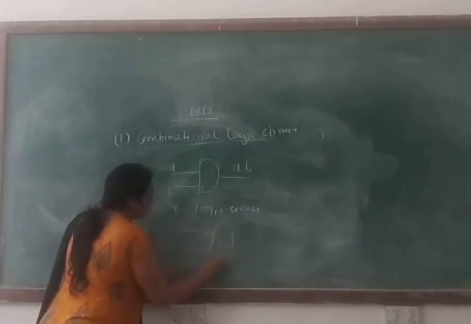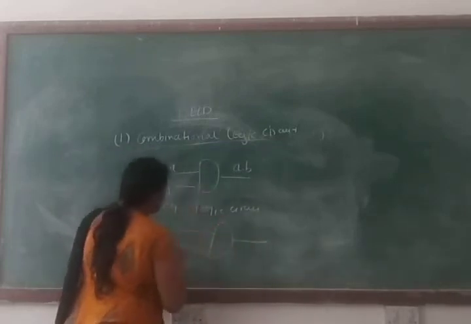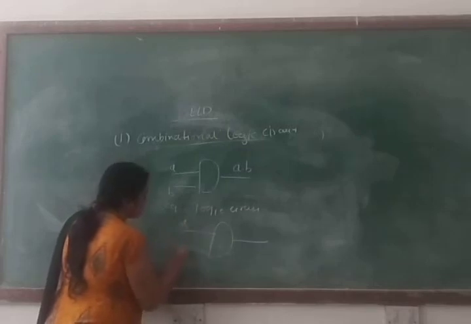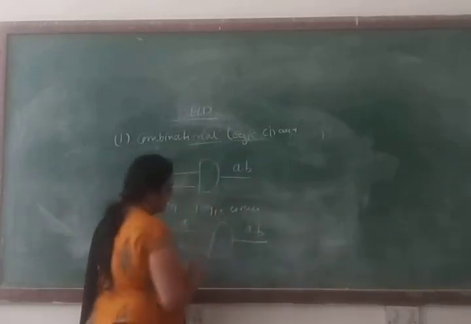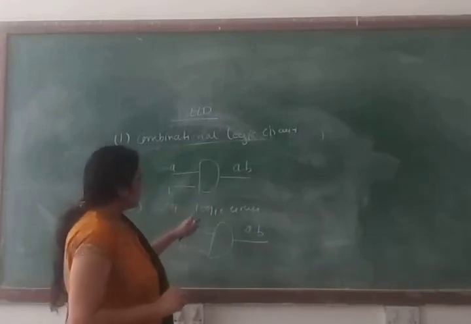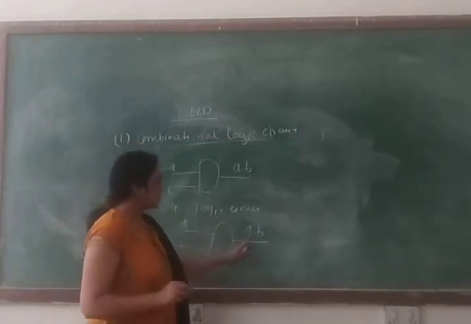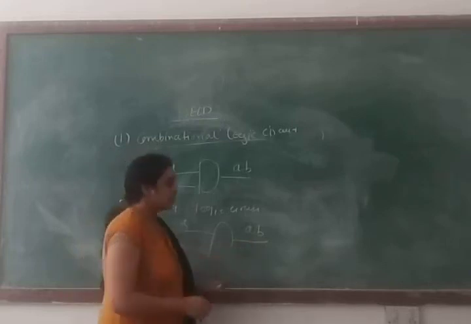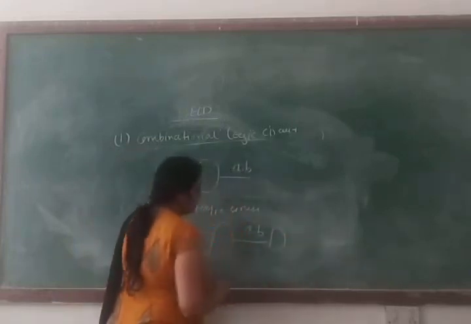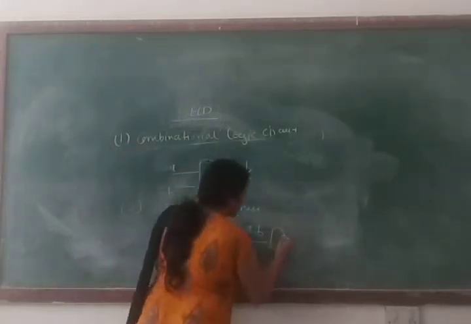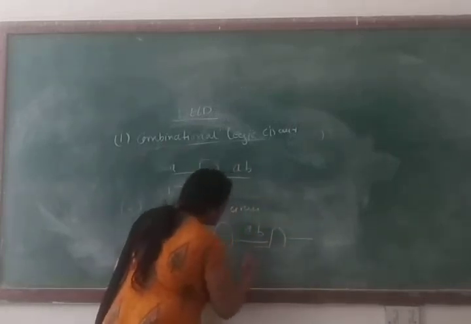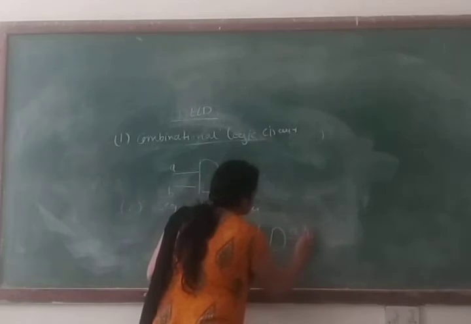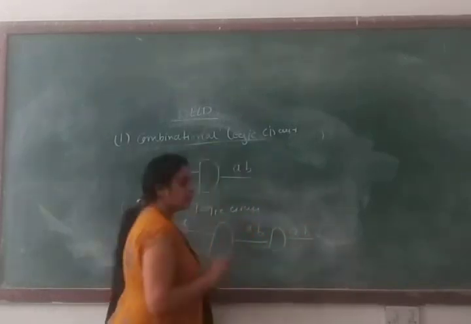You are providing input a and b to an AND gate, and the output is a dot b, right? But in a sequential logic circuit, we can use this output as an input to another gate. We are again giving a dot b as an input to the second gate, and the second input is C. Now your output is A dot B dot C.